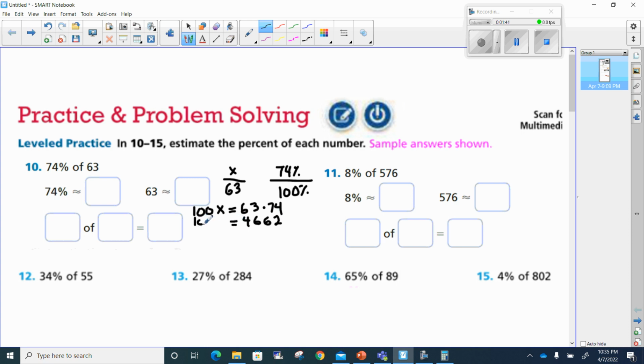We realize to get x by itself, we're going to have to divide 100 away, which means we have to divide 100 away from this side. When we divide 100 away, realize we're just moving the decimal place over 2 spots, right? So this is going to be 46.62.